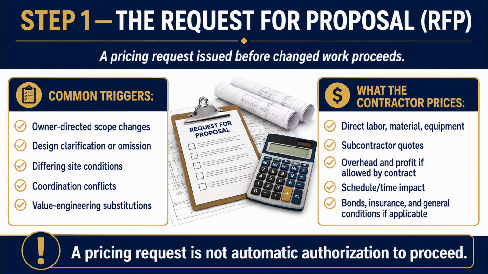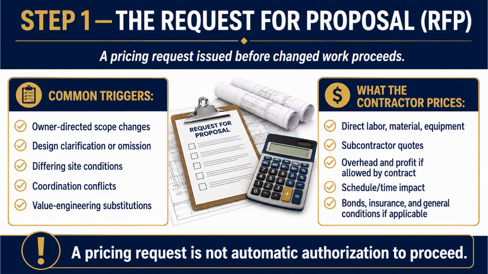What the contractor prices: direct labor, material, equipment, subcontractor quotes, overhead and profit if allowed by contract, schedule and time impact, bonds, insurance, and general conditions if applicable. See "if allowed by contract" and "if applicable." Always check what your specific contract permits. Public jobs especially restrict what you can mark up.